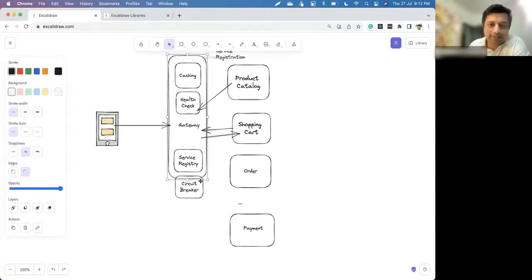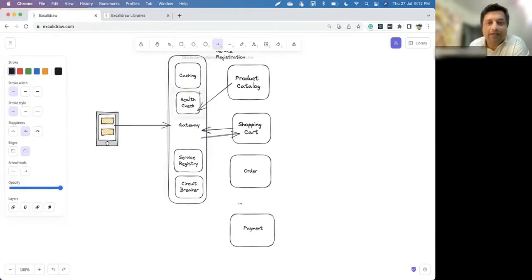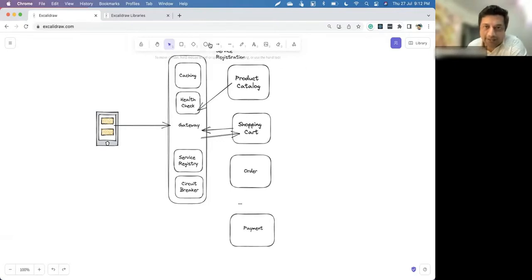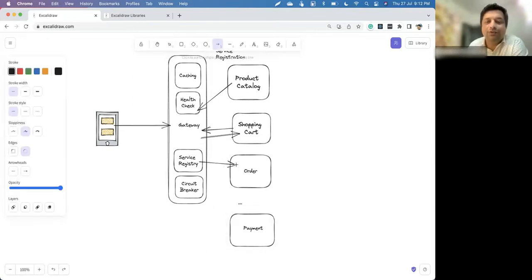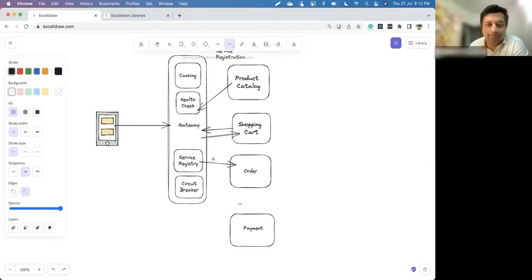So what we can do is we can implement a circuit breaker. Anyway, we are doing the health checks, so we know which services are up and down. In case this payment service is down, we may have a logic that blocks the calls to the order service also, right?